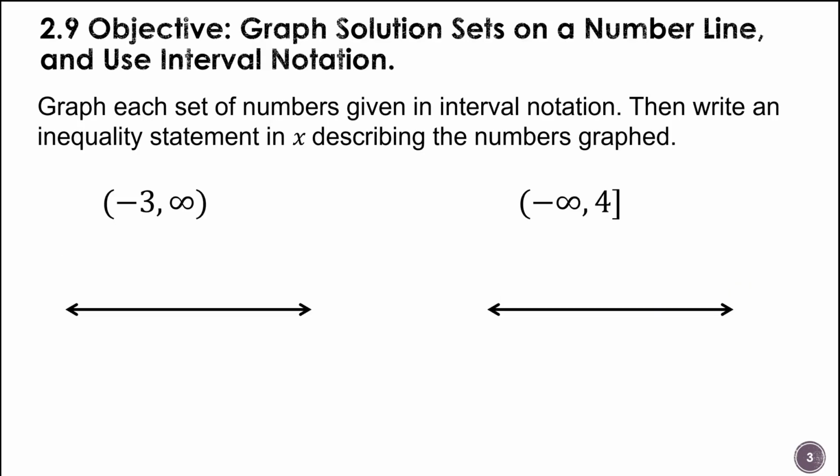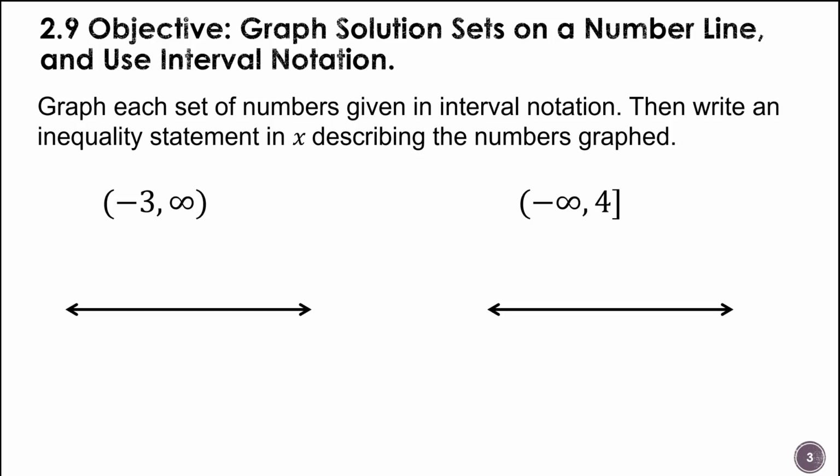And so part of what we have to learn on this is what interval notation is. And so both of these, -3 to infinity, that's interval notation. -infinity to 4 is also interval notation. So it says, okay, graph the numbers, then write an inequality statement in X describing the numbers graphed.